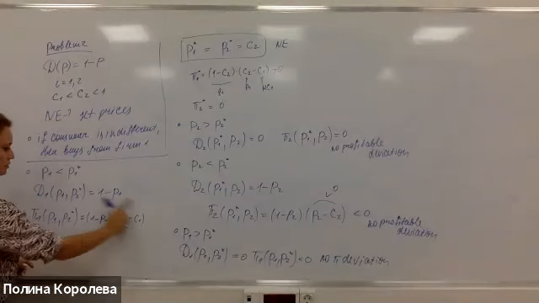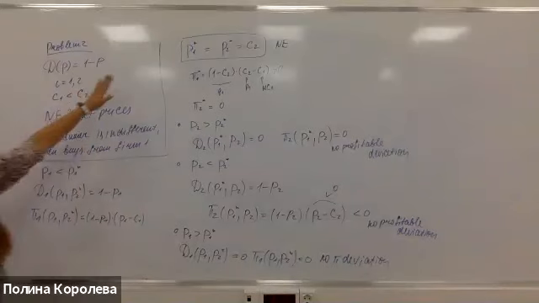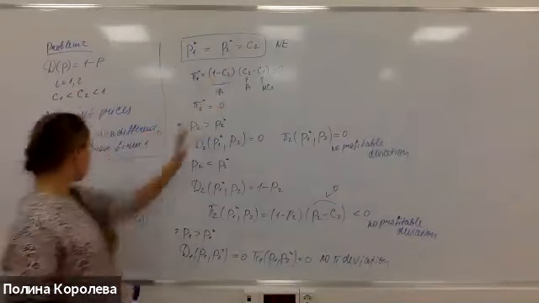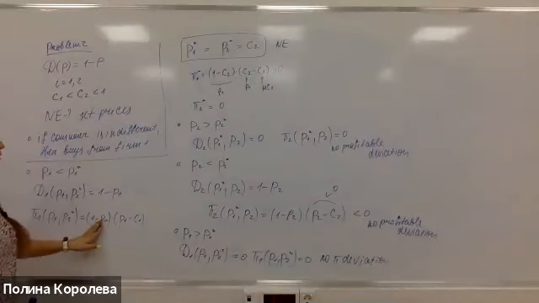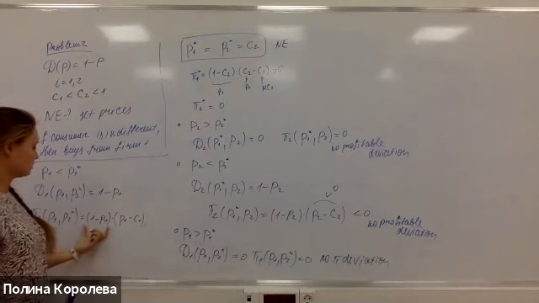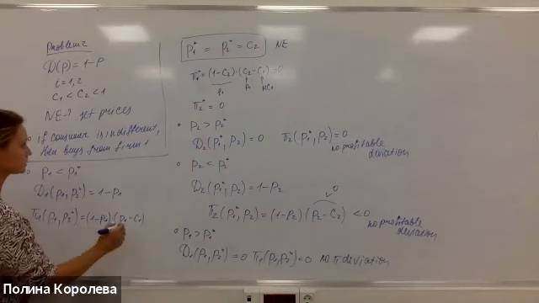And this profit is less than the profit in equilibrium, yes? Because 1 minus C2 is less than 1 minus P1. No, this is greater.